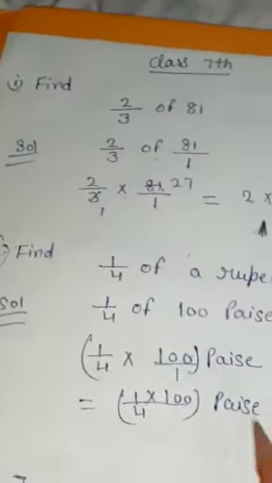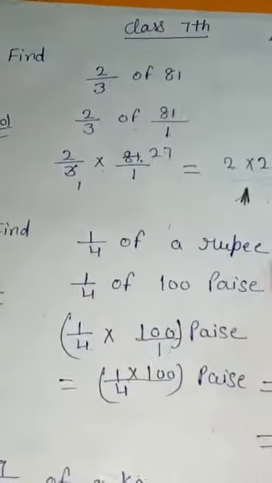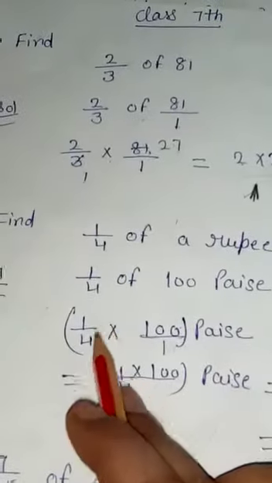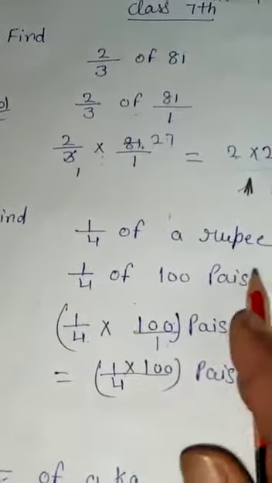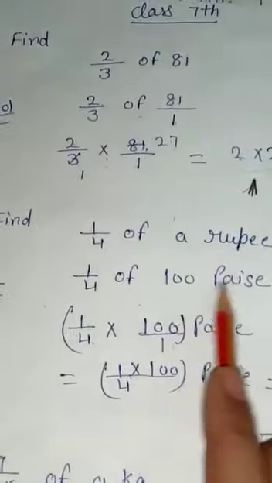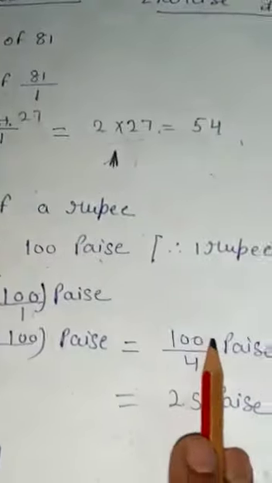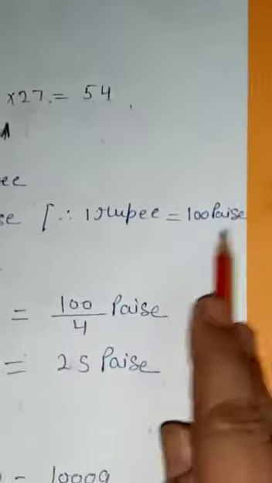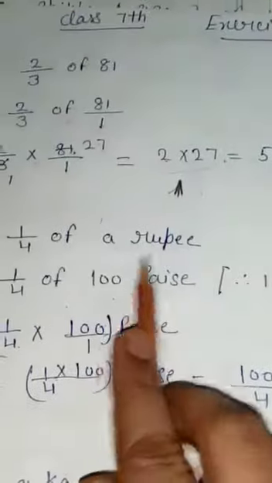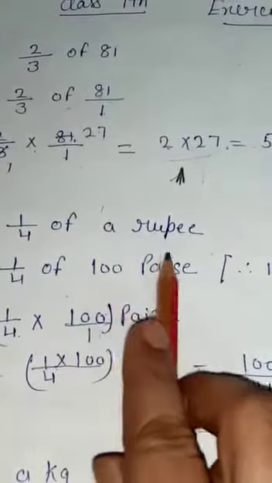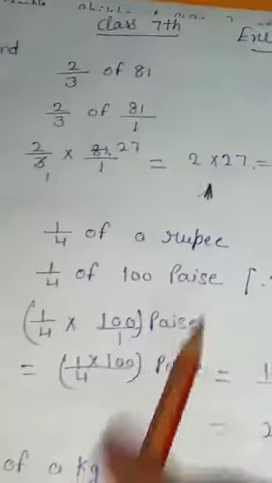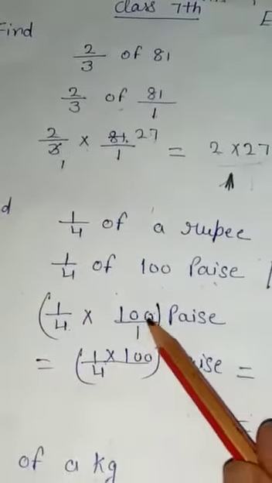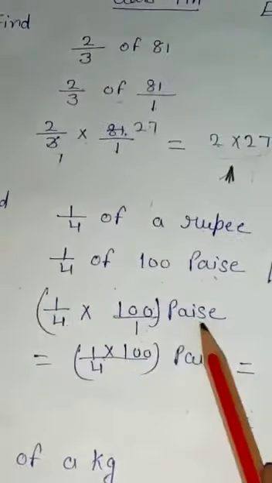Second example is 1 by 4 of a rupees. 1 by 4 of a rupees means 100 paise. We know that 1 rupees is equal to 100 paise. So it can be written as 1 by 4 multiply 100 divided by 1 paise.